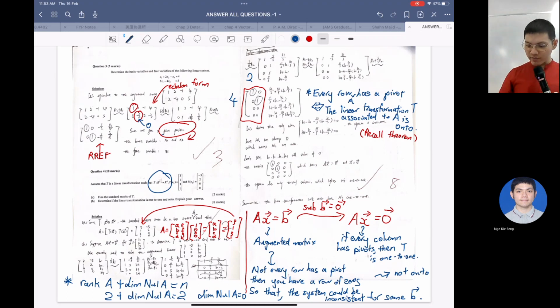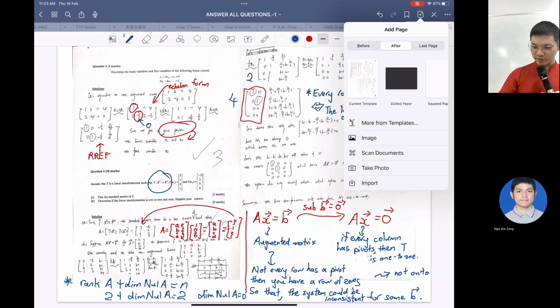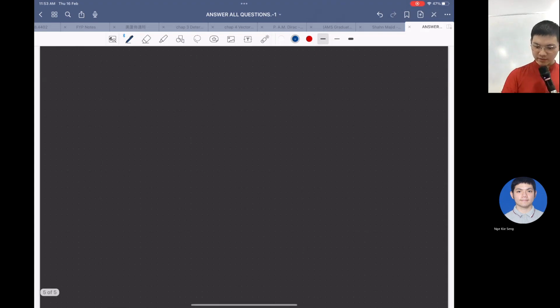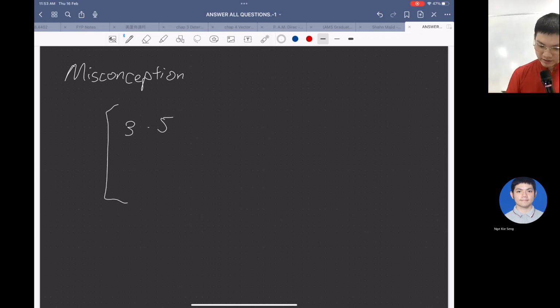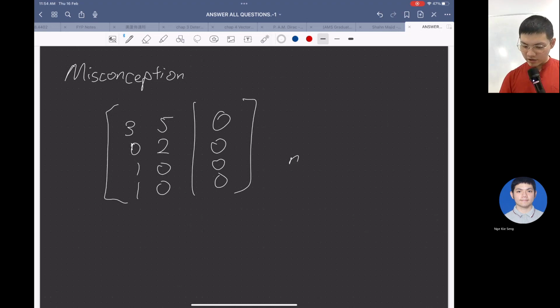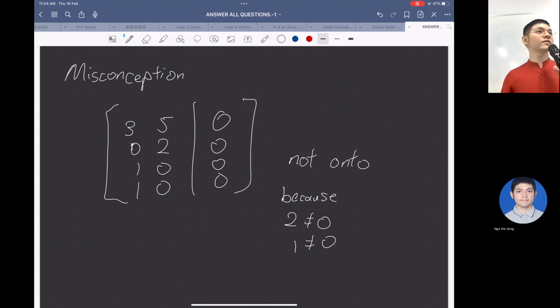Okay, there's one misconception here that I want to raise up. Some of you are trying to prove an inconsistent system. So what you do is you reduce to this matrix here, and then you say that this is not onto, because 2 is not equal to 0, 1 is not equal to 0. But is this really 2 not equal to 0 or 1 not equal to 0?